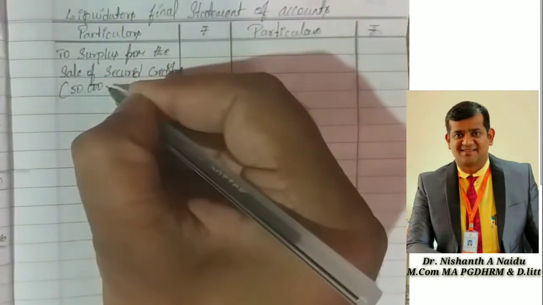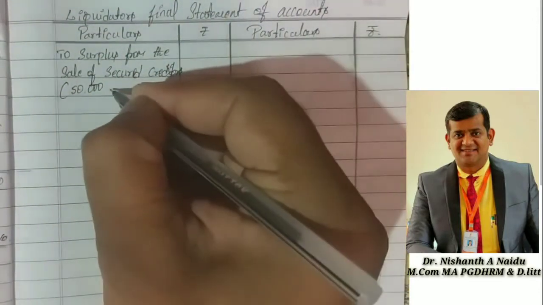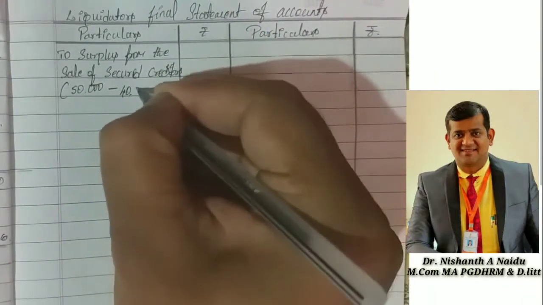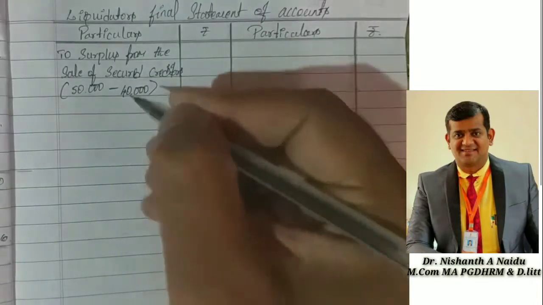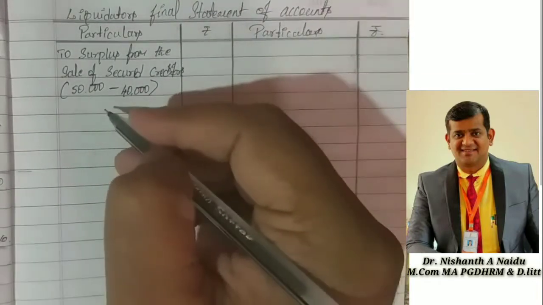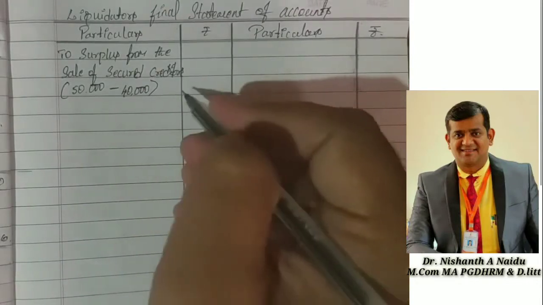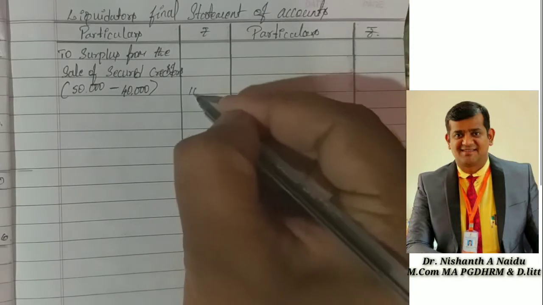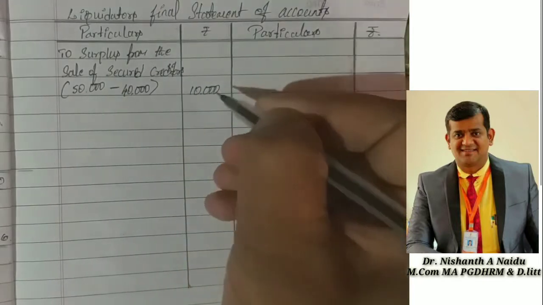It has been realized at rupees 50,000, minus how much was the secured creditors? 40,000. So if you clear 40,000 rupees of debt out of 50,000 assets realized, how much cash excess do you have? That is 10,000 rupees.